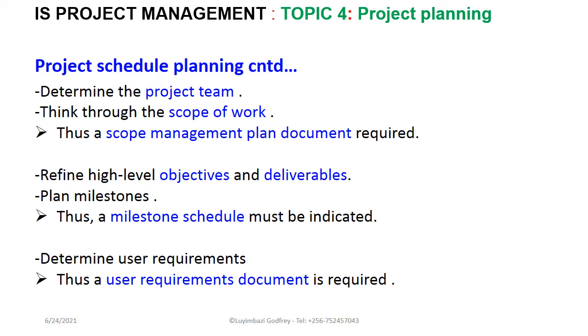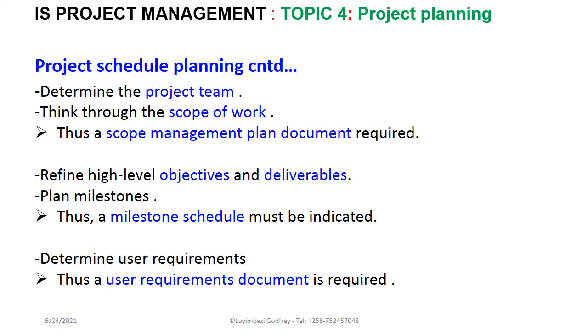In project schedule planning, we also think through the scope of work. The scope of work is a sum total of all activities that we intend to work on in the project. So we think through the scope of work, and when we are thinking through the scope of work, remember we come up with what we call a scope management plan document. In this document, we bring in everything relating to the project scope.